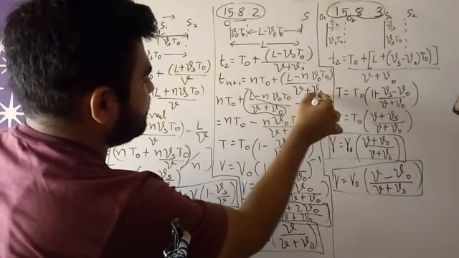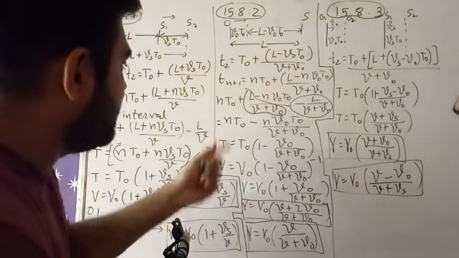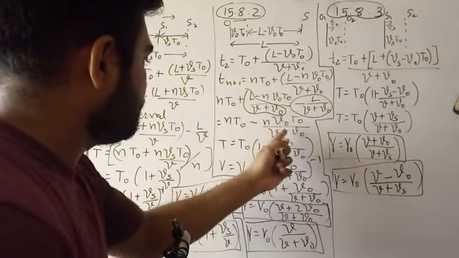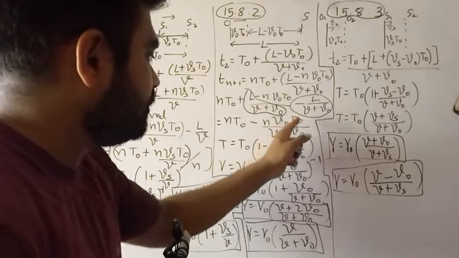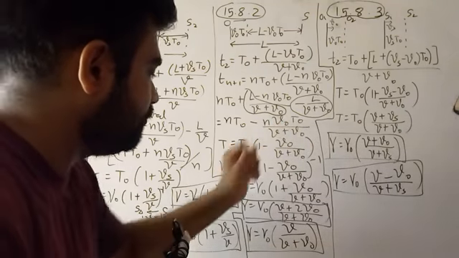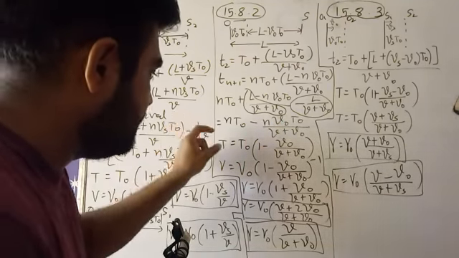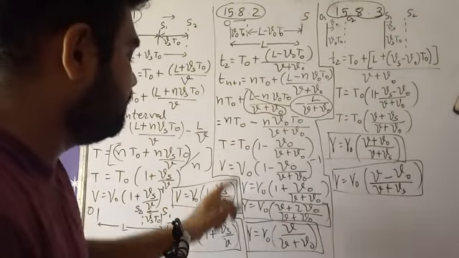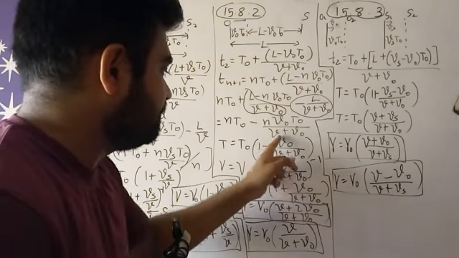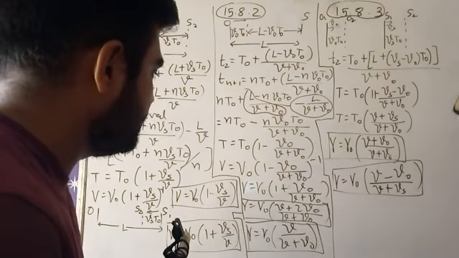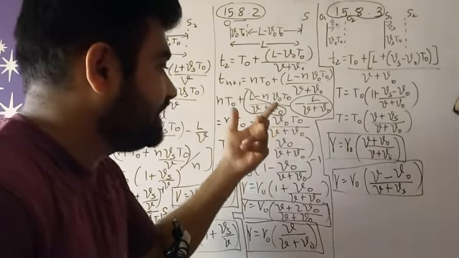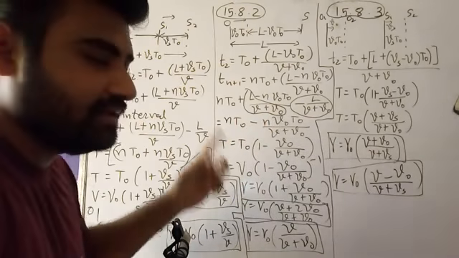And this negative term will be cancelled out. So we are left with these two terms only: nT0 minus nVoT0 upon V plus Vo. Now we can find that time period. So T is equal to T0 (1 minus Vo upon V plus Vo), right? Because here we have to divide with small n to find this T.